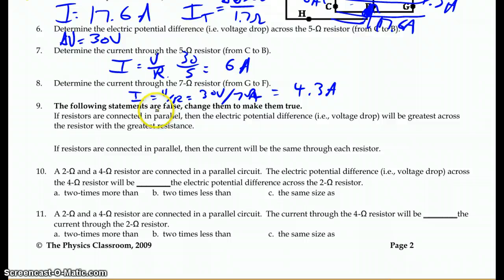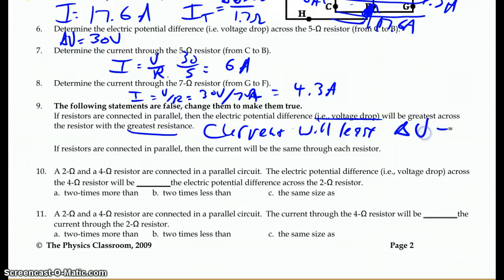Okay, so these are false, so let's take a look. If resistors are connected in parallel, then the electric potential will be greatest across the resistors. The current will be the least across the resistor with the greatest resistance is true, but not the voltage drop. Voltage drops delta V are equal all the way across.